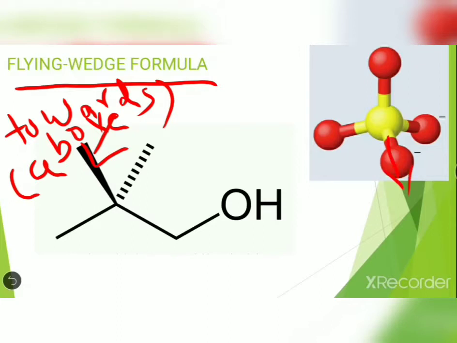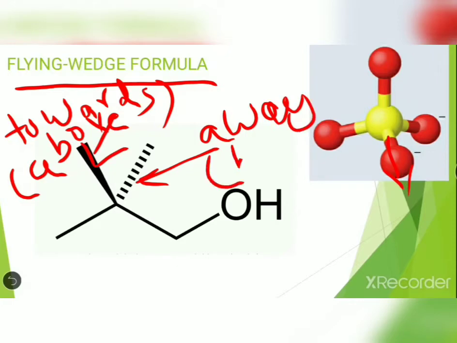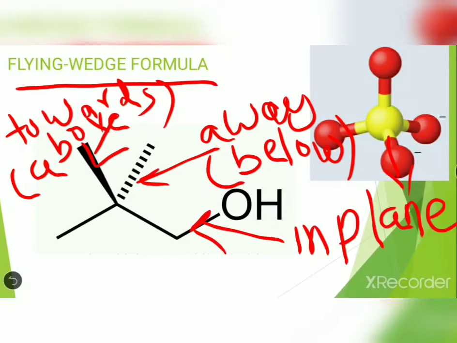The broken or dotted line represents the bond away or below the plane of paper. And the simple continuous line indicates the bond in the plane of paper. So this is how the flying wedge formula is represented.